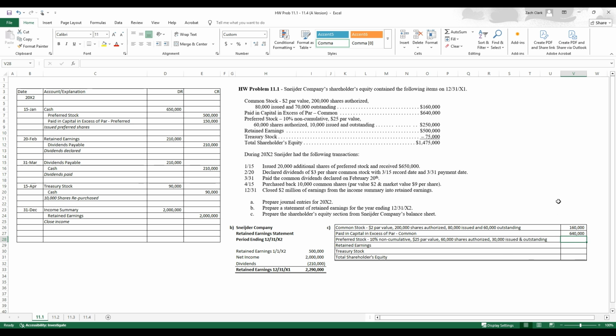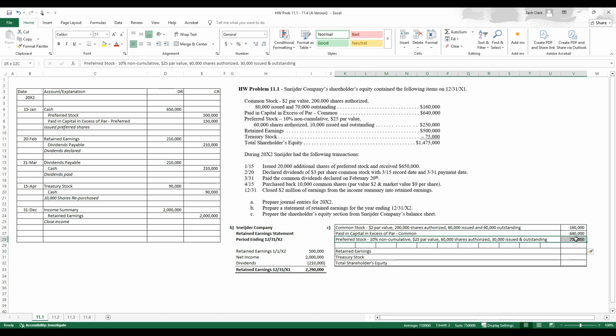Then, as far as the preferred stock goes, we started with 250,000. That was our beginning balance, and then we added an additional credit, as an increase to equity. So we added 500,000. So this 250,000 plus this journal entry of 500,000 gives us 750,000. And then the paid in capital, I've got to add a column here.